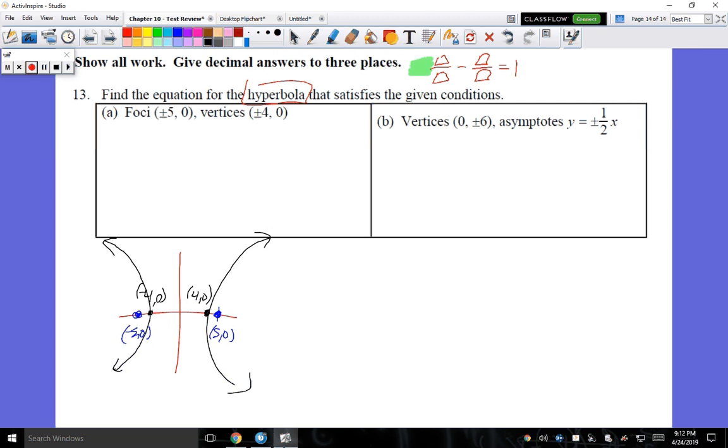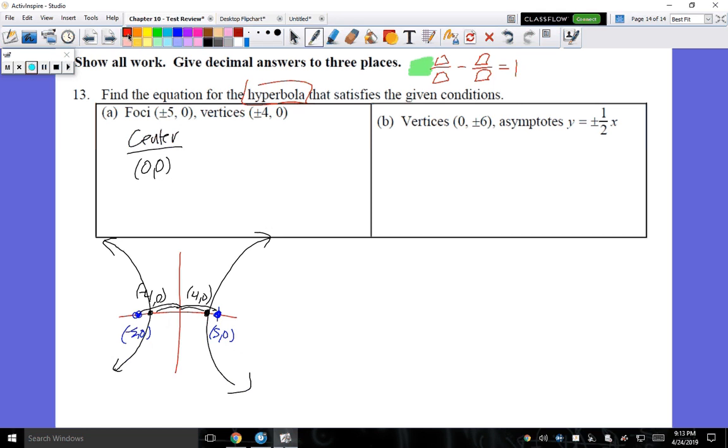So we know it's going to be horizontal, so that means it must have some positive x value. We can see that the vertices are equidistantly 4 away from the center, and the foci are equidistantly 5 away from the center, so it's easy and safe to assume that my center is in fact 0, 0. So now I know my h and k.